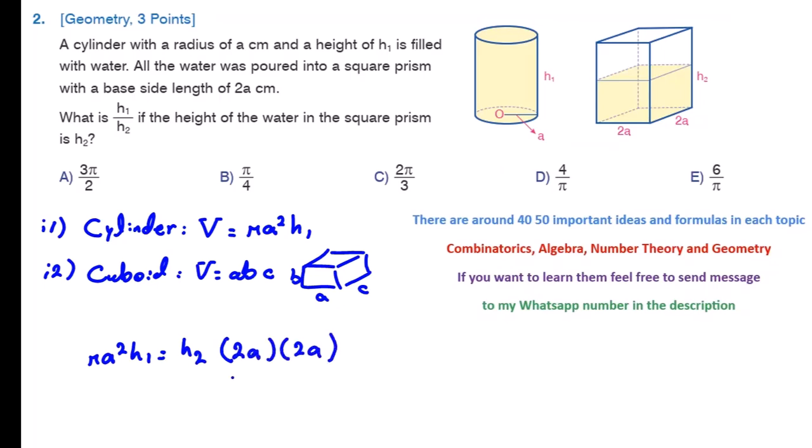Now a squared will be cancelled, so pi h1 equals 4h2. So h1 over h2 equals 4 over pi. So the answer will be choice D.